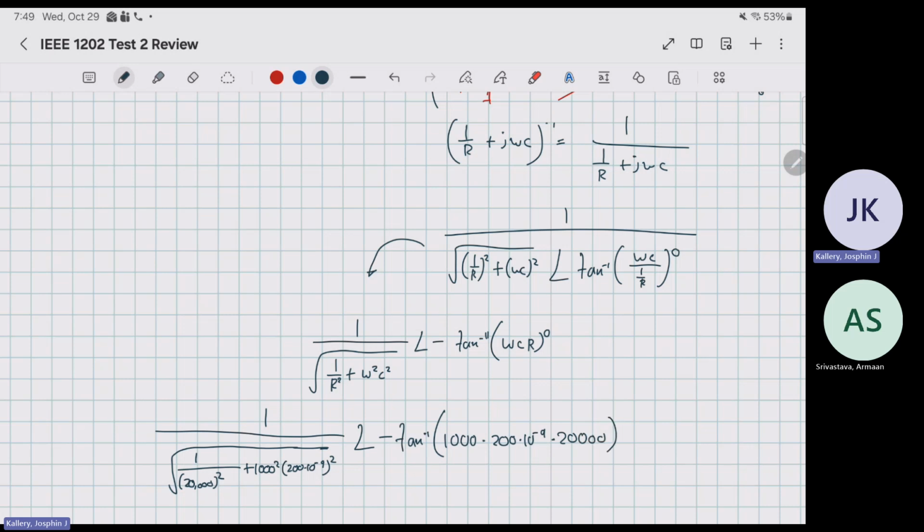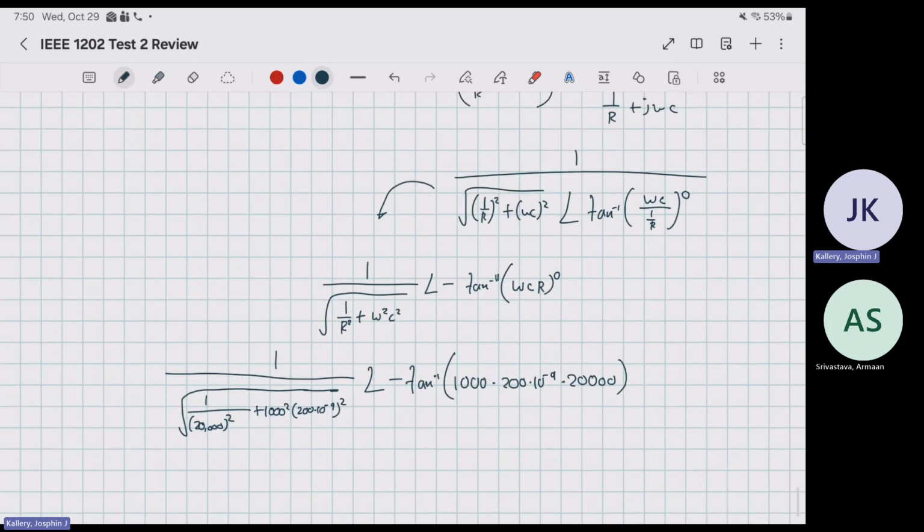Negative arctan of 1,000 times 200 times 10 to the negative 9 times 20,000. Okay, and we should end up with, basically this evaluates to 4,850.712.